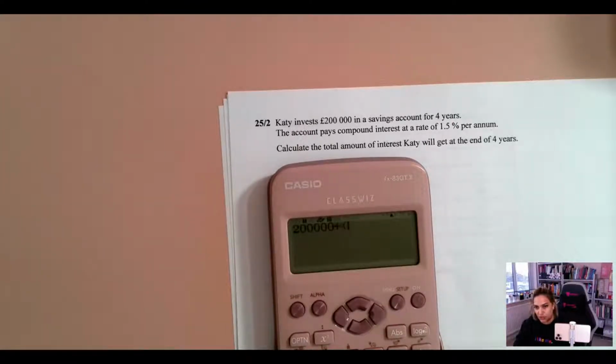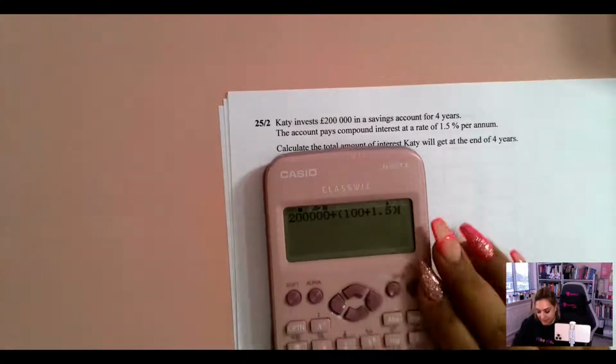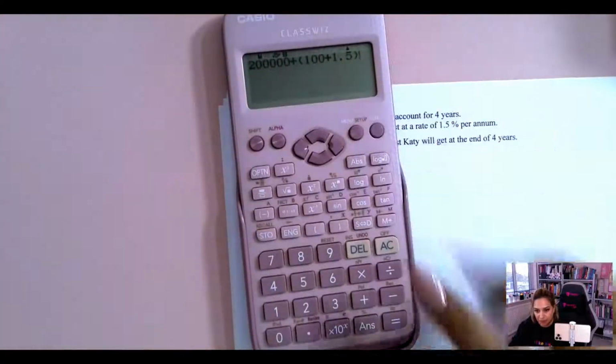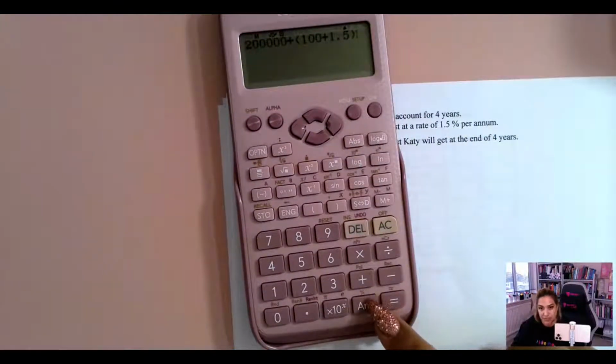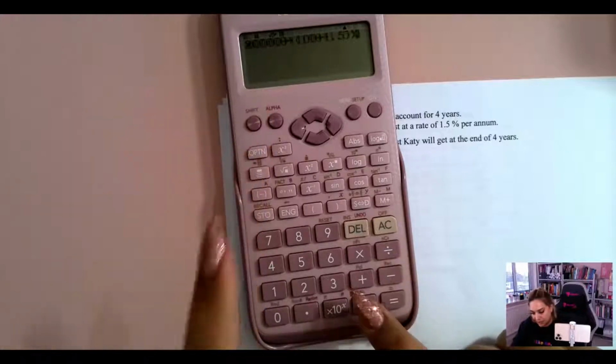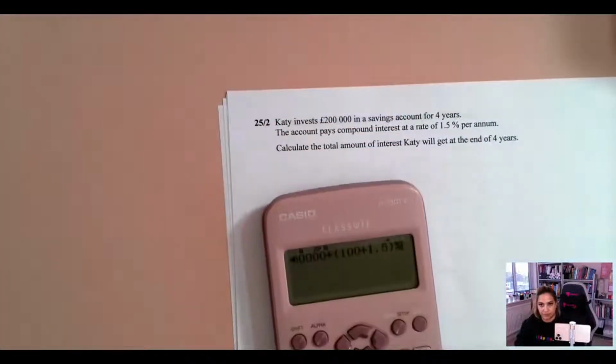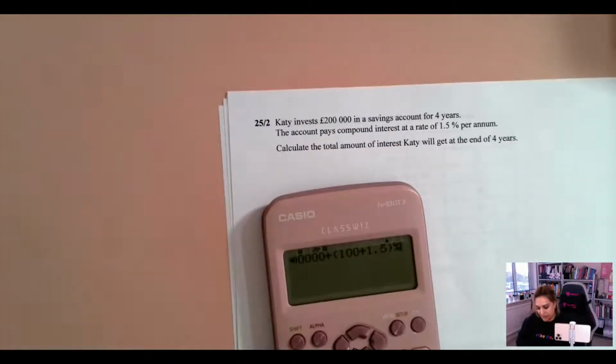So what you're going to do is 100 plus my 1.5. It's going to be that much, and this is as a percentage. Can you see you've got a percent sign above your answer button? If you do shift and answer, you get a percent sign. Right? And you're going to hit equals.